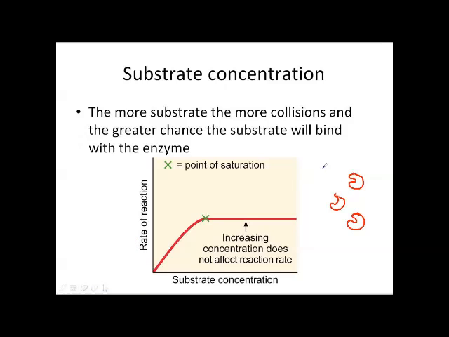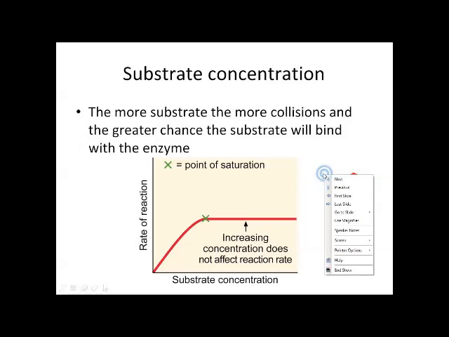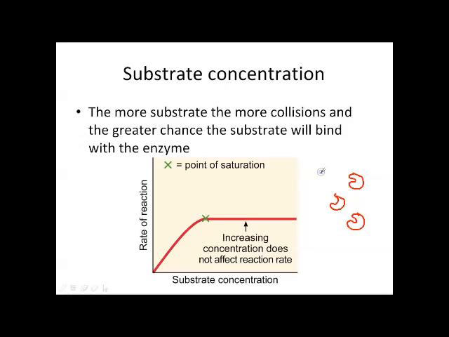We'll just have a whole heap of substrates. Let's see if I can draw a ball. There we go. Okay, let's erase one of these. Let's just have one. Okay, so here we go.